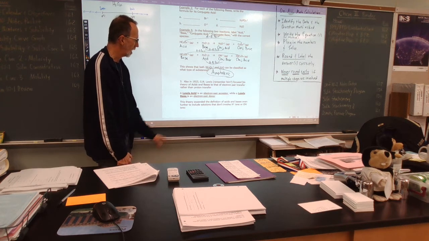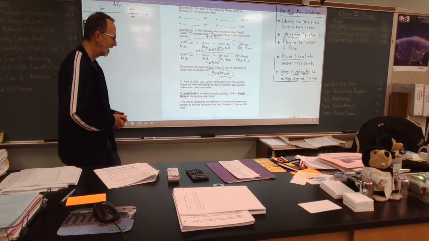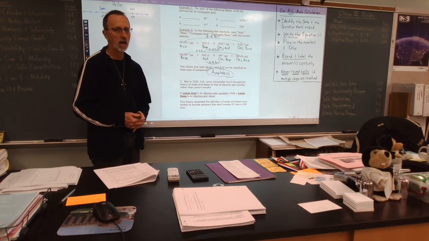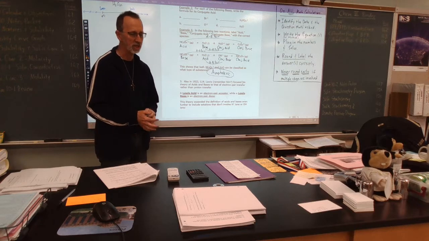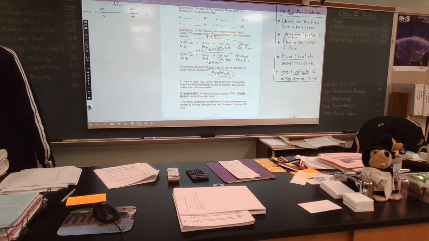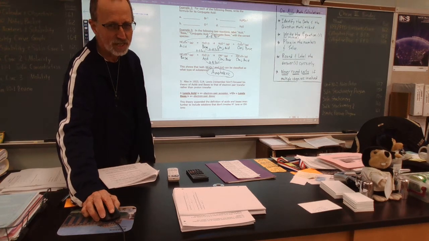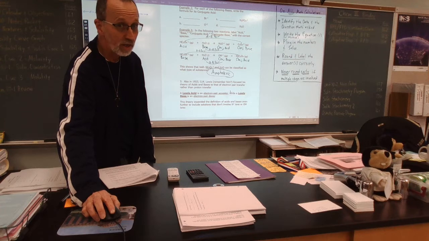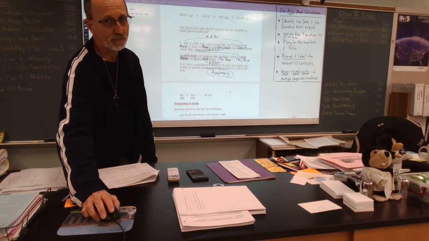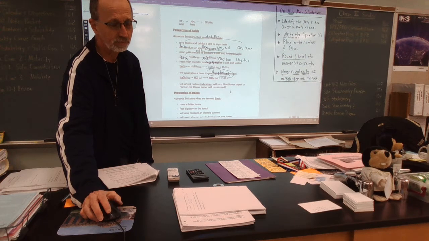A Lewis acid then is an electron pair acceptor, while a Lewis base is an electron pair donor. Again, just the opposite of Bronsted-Lowry. This theory expanded the definition of acids and bases even further to include solutions that don't involve hydrogen ions or hydroxide ions.